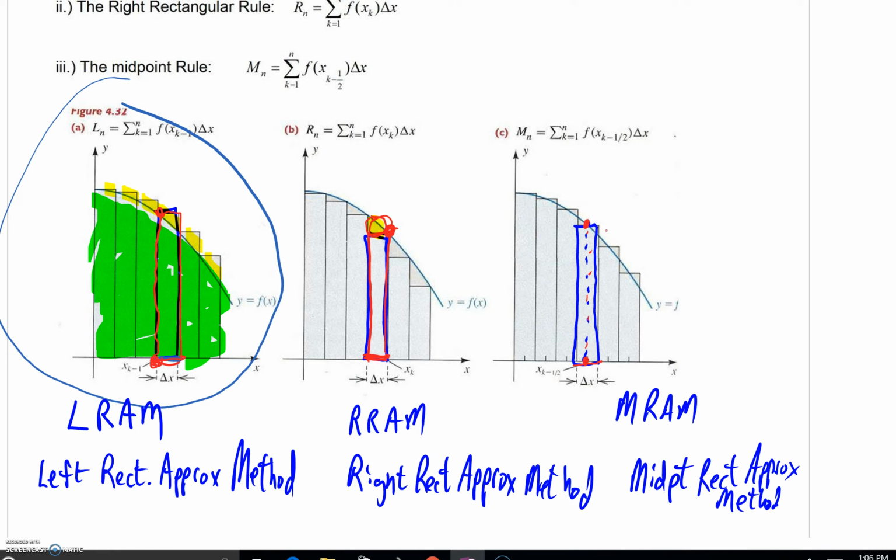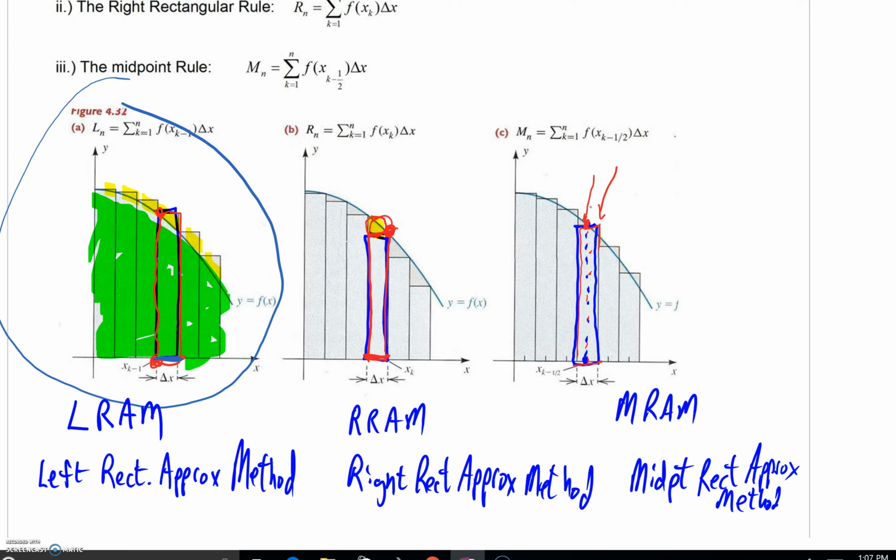Now, this is a very interesting rectangle, because I think immediately some kids are going to say, ooh, look, the rectangle right over here where I'm pointing an arrow, it's going above the curve. That means you've got too much area. But just over here to the left of that red dot, my rectangle is a little bit below the curve. And then you've got too little area. Well, this seems to be a really nice way to come up with a good estimate.